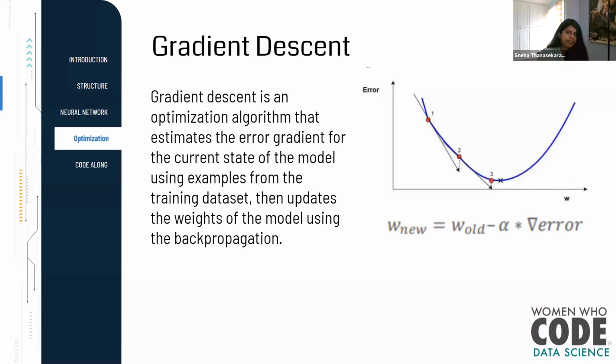The higher the magnitude of the gradient, the faster the error is changing at that point with respect to W. The gradient descent method uses the gradient to make an informed step change in W to lead it towards the minimum of the error curve. This step change is called the learning rate.